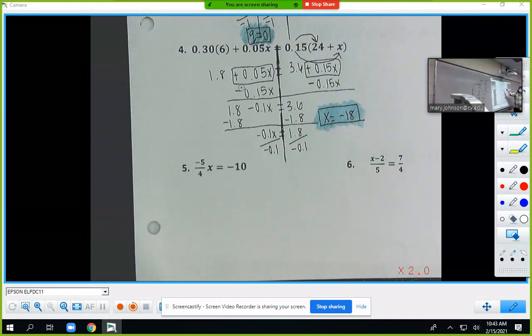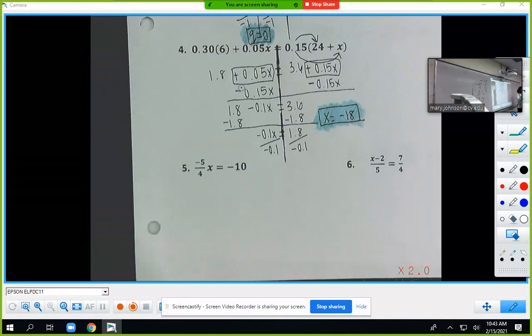Now she's noticing she's got x's in these two places, and she's trying to bring those together. Some of you wanted to move this way, and if you do, that's not wrong. But I like this approach where she subtracted the 0.15x, and she's subtracting a 0.15 from a 0.05. So when you type that in, it's 0.05, take away 0.15.